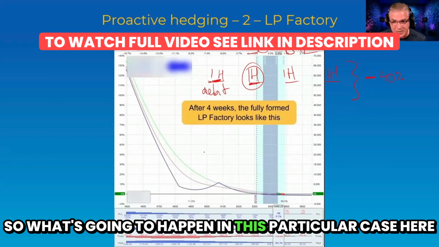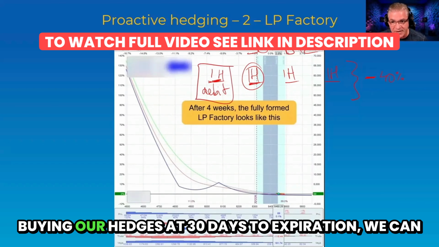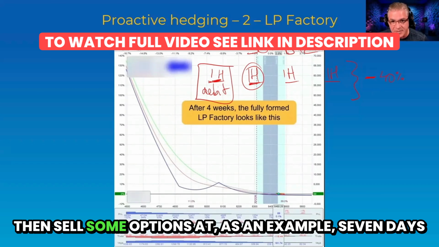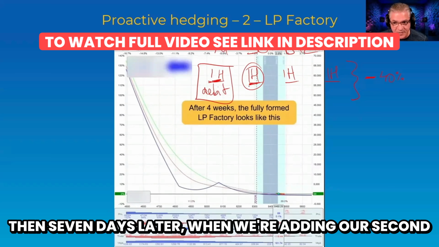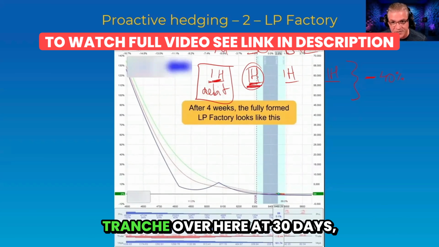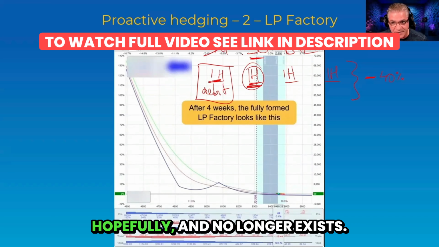So what's going to happen in this particular case is that when we do this tranche and we're buying our hedges at 30 days to expiration, we can then sell some options at, as an example, 7 days out to expiration. Then 7 days later, when we're adding our second tranche at 30 days, this one over here has expired, out of the money, hopefully, and no longer exists.